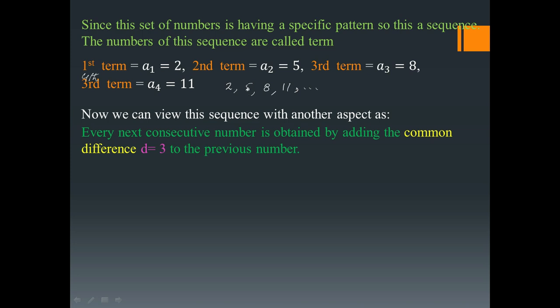Every next term in this sequence comes by adding d to it. What was d? d was 3 in this example.